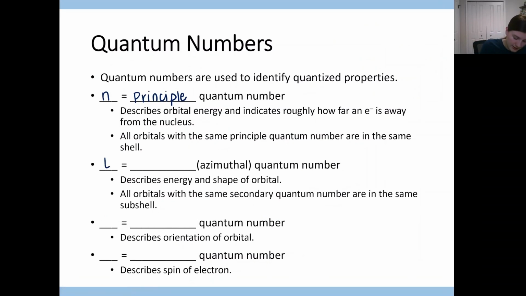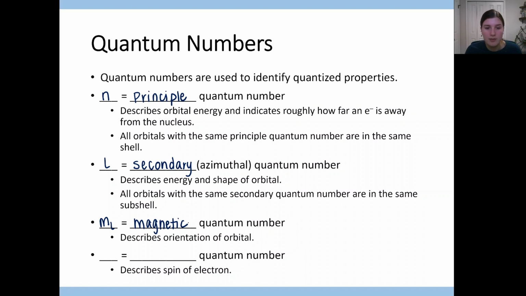Lowercase l is the secondary or azimuthal quantum number. This describes the energy and shape of an orbital. All orbitals with the same secondary quantum number are in the same subshell. So we'll talk about shells, we'll talk about subshells. m with the lowercase l subscript is the magnetic quantum number.